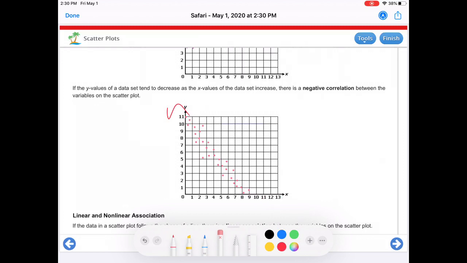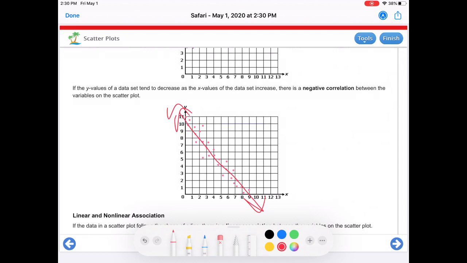I'm going to redraw that actually. That's a little better. So if you draw what's called a line of best fit to get the trend, that line's going in the downward direction, like slope from left to right. As slope is going down, we call it negative. And what that means is as x is increasing from left to right, the y's are decreasing. So that's a negative correlation.